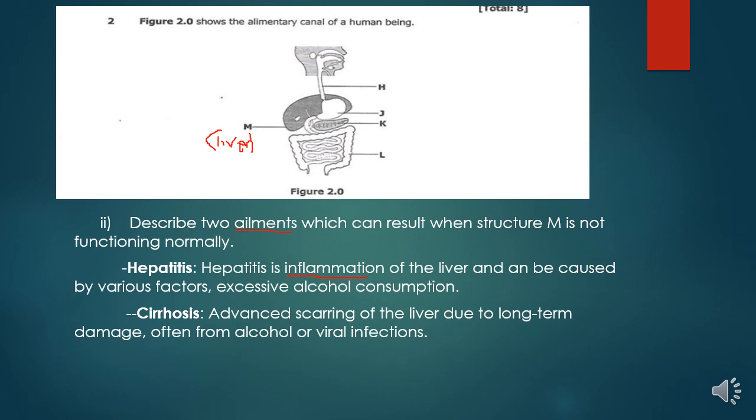So as the body continues to take in a lot of toxic substances, if the toxic substances cannot be fully detoxified, the liver will be left with a scar from them, and as the scar is being made, it will cause an infection, and as the infection grows, it will cause an ailment which is called cirrhosis.